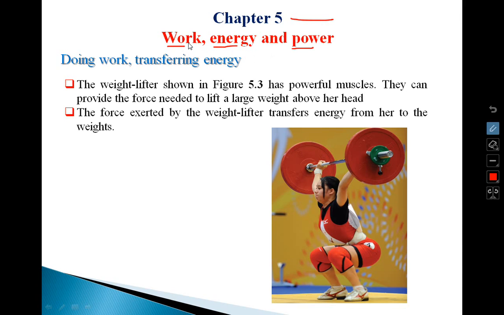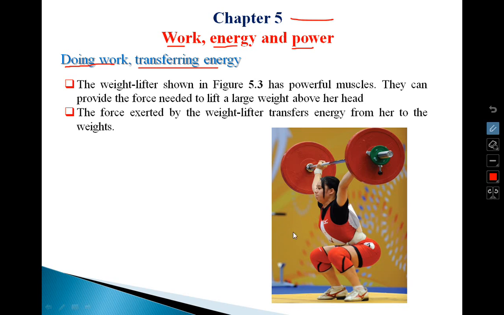What is the meaning of work, energy, and power, and what is the relation between them? We will start with doing work to transfer energy. If you are going to do work, you are going to transfer energy from one object to another object.